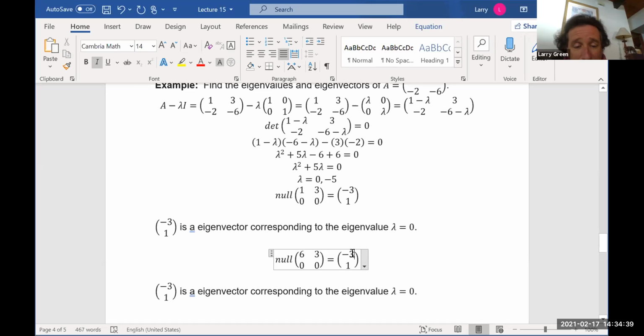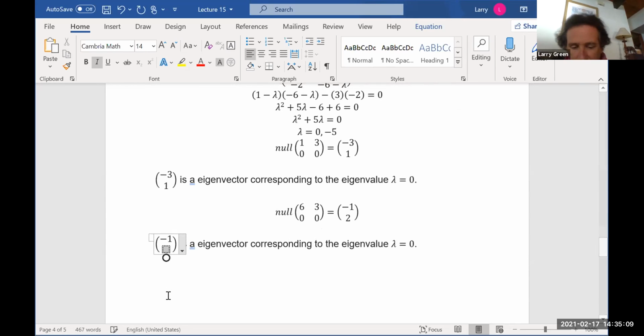And then to find the null space, I could let y be 2, and then x would be -1. Do you all see that if you multiply this matrix by -1, 2, you get the 0 vector? So that means -1, 2 is an eigenvector corresponding to the eigenvalue lambda equals -5.